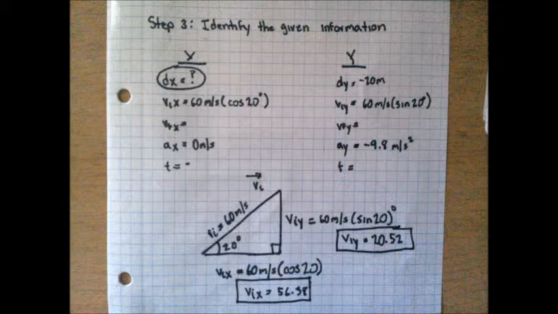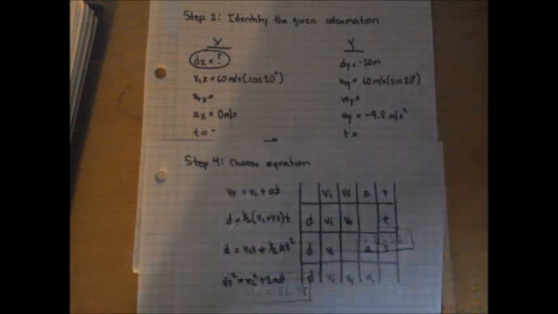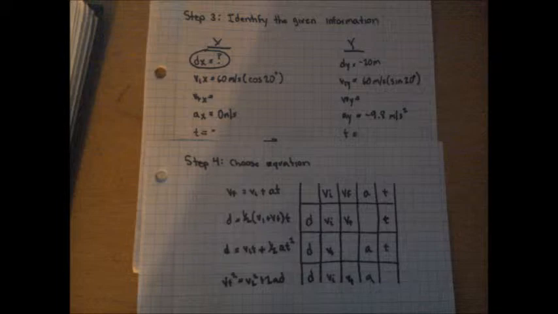And AX is always given to you, it's always 0. And AY is negative 9.8 because that's the force of gravity pushing on the cannonball. So for step number 4, you choose one of these 4 equations. But in order to use one of these equations, either for the x or y values, you need 3 pieces of given information.